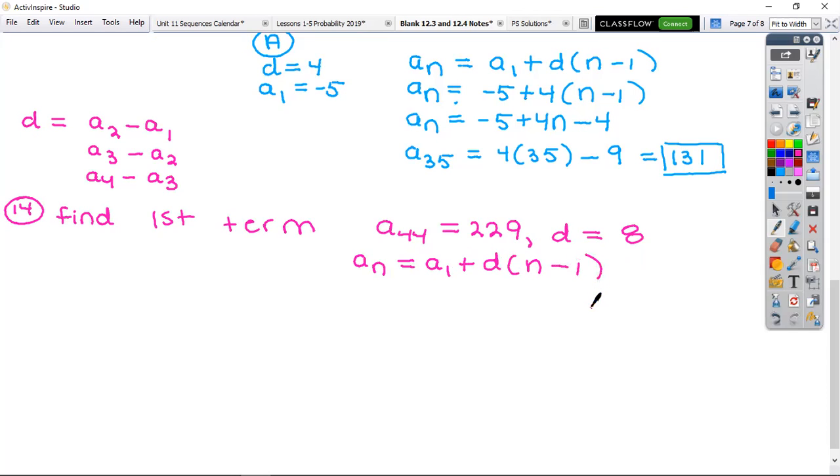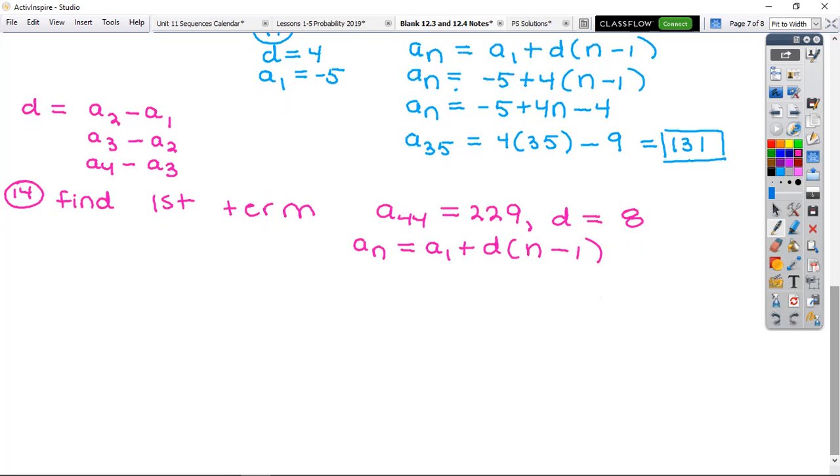You're going to fill in what you got here. And again, if you can do this in fewer steps, it's fine. If you want to kind of take your time and go slow through it, that's okay too. So if you want the notation first, you can replace these. Again, if you don't need this step, it's okay. You know, you could do something like that first. And then on the left, I'm going to replace a sub 44 with 229.